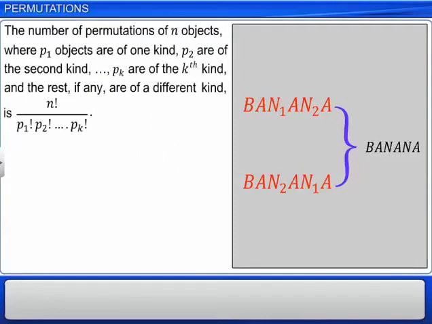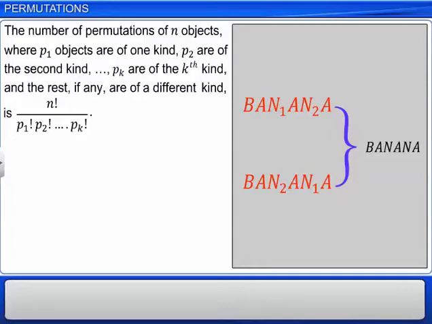The number of permutations of n objects, where p1 objects are of one kind, p2 are of the second kind, pk are of the kth kind, and the rest, if any, are of a different kind, is n factorial divided by the product of p1 factorial, p2 factorial, and so on up to pk factorial.